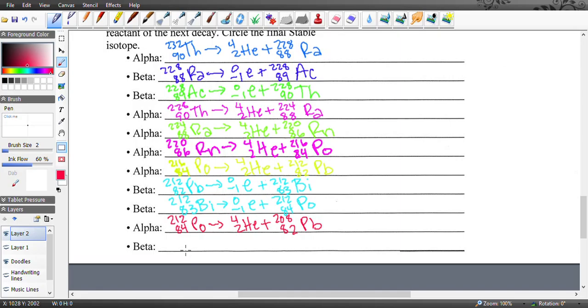And for the beta decay, we're going to go 208, didn't change colors, that's fine. Beta decay, 0, -1 e plus 208, 83, which is back to bismuth.